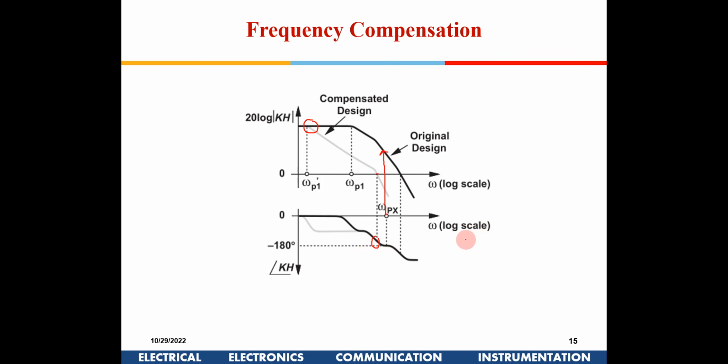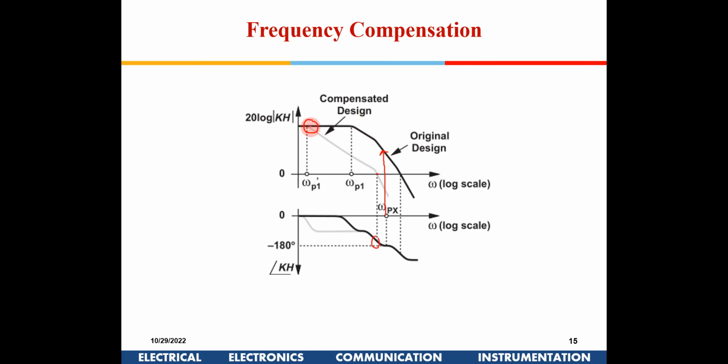Sir, can you please explain the compensated design? Okay. The compensation is by introducing one more pole out here. I am making this gain rapidly come to 0 even before the phase comes to minus 180 degree. The phase comes to 180 degree when you have this condition of 3 poles, right?